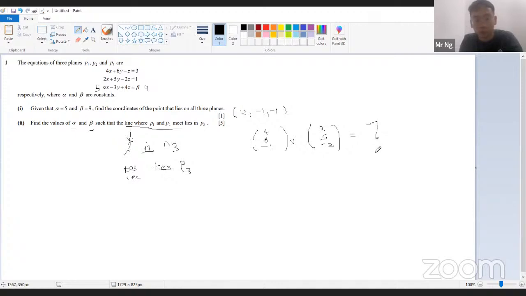Then 2 minus 4. Then 2 minus 2, 2 minus 1. 8. Then 10. 5 minus 2. Good. Okay, so this is the direction of the line.